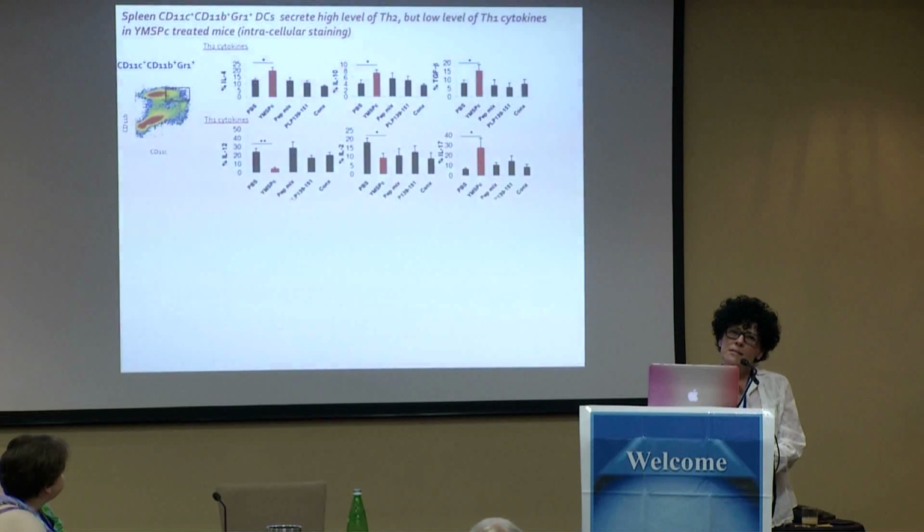You can see here that CD11c, CD11b, GR1 dendritic cells derived from spleen of YMSPC treated mice expressed high levels of Th2 cytokines like IL-4, IL-10, and TGF-beta, and low levels of Th1, which indicates a regulatory function.